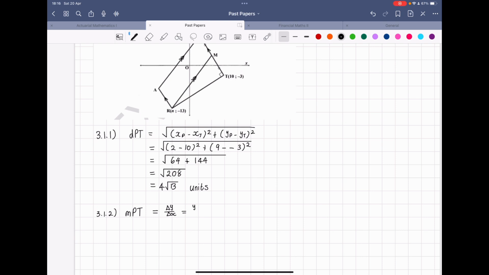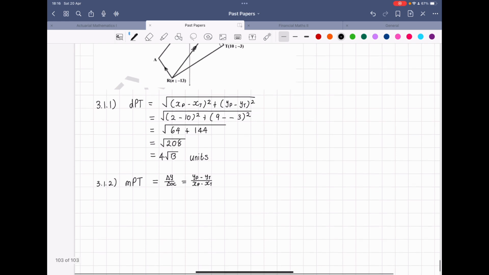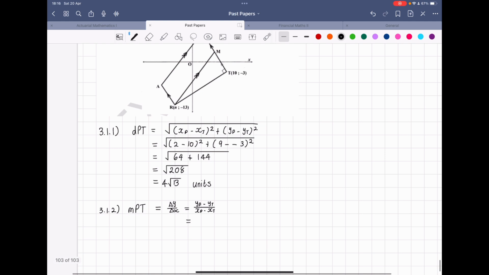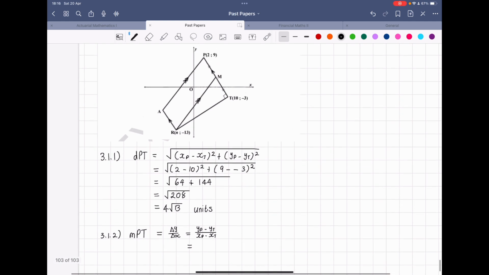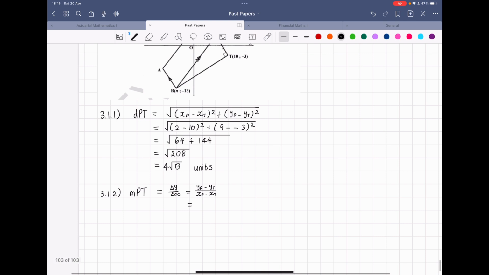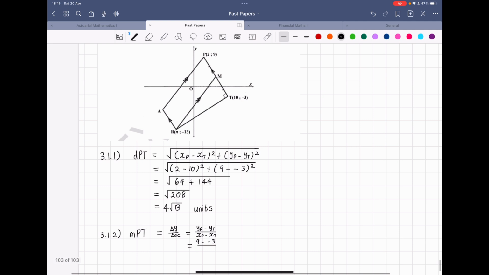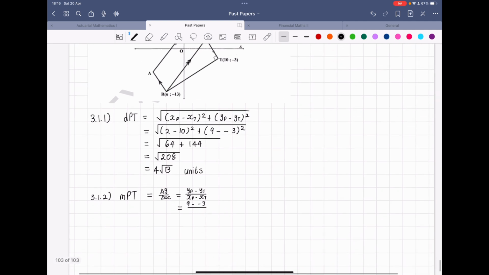So I'll have the y of P minus the y of T divided by the x of P minus the x of T. And I can just substitute in these values, so y of P is 9 and y of T is minus 3. So I'll have 9 minus 3 divided by x of P is 2 and x of T is 10.